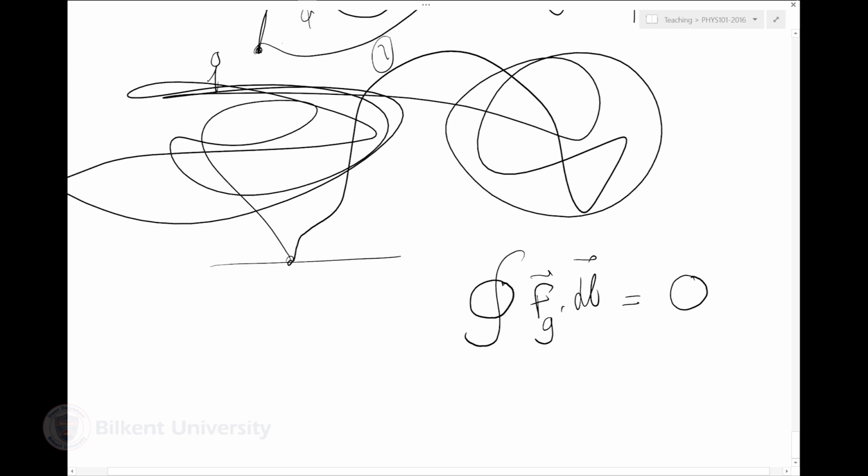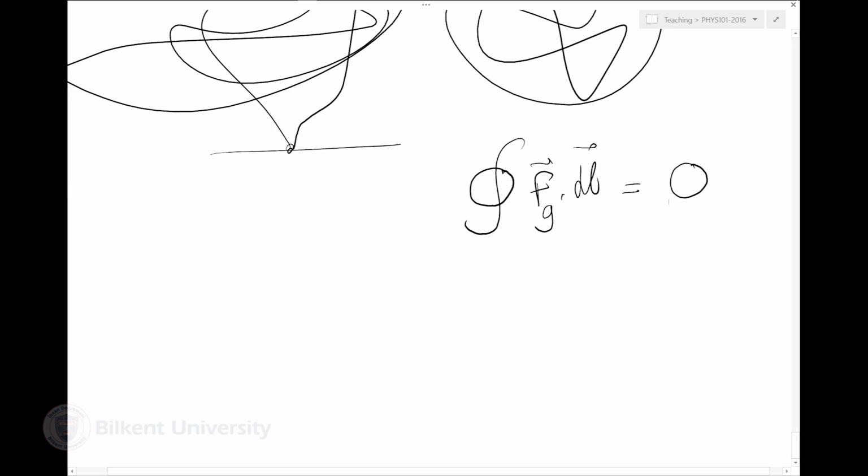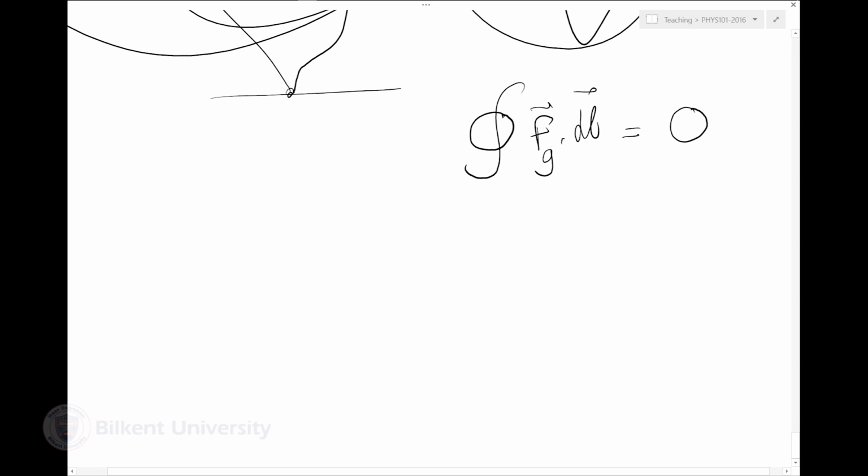It turns out for any force, if the closed-path integral of F·dl is 0, a potential energy can be defined.